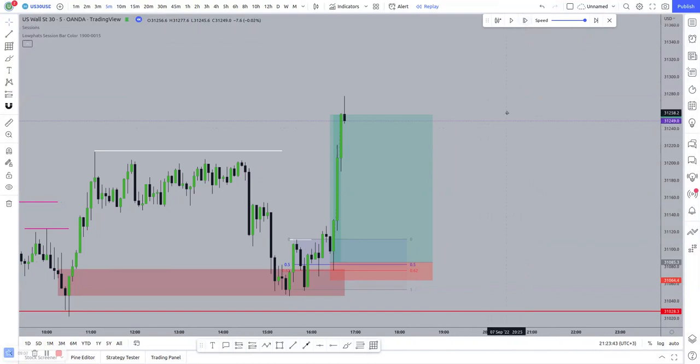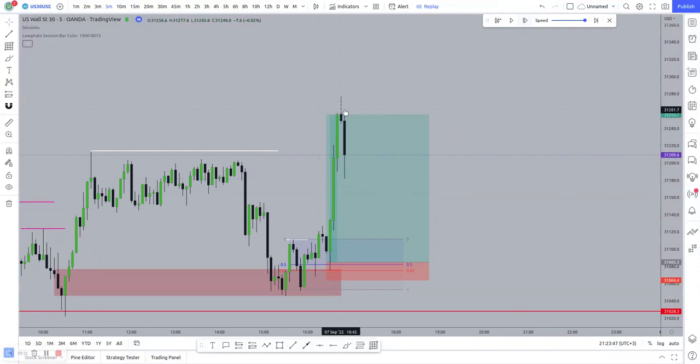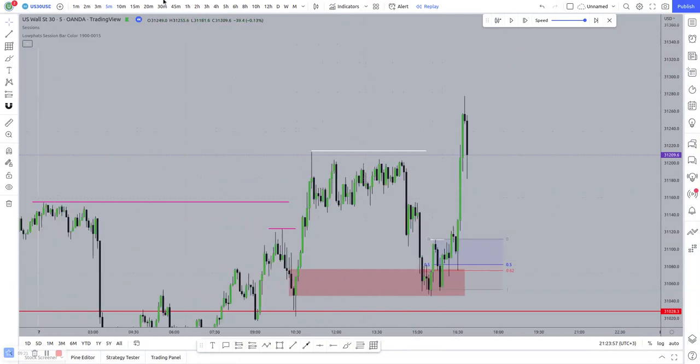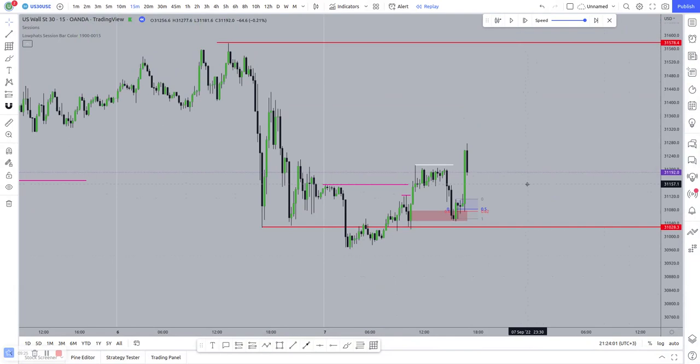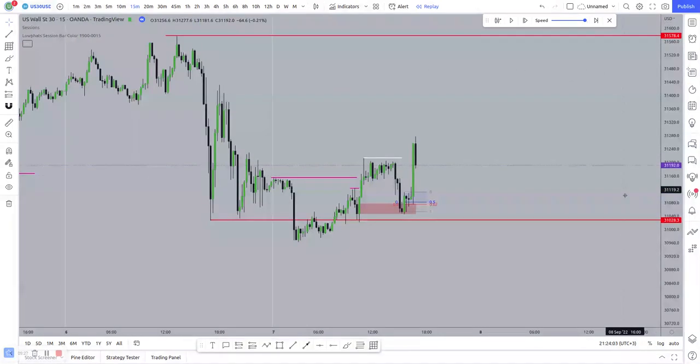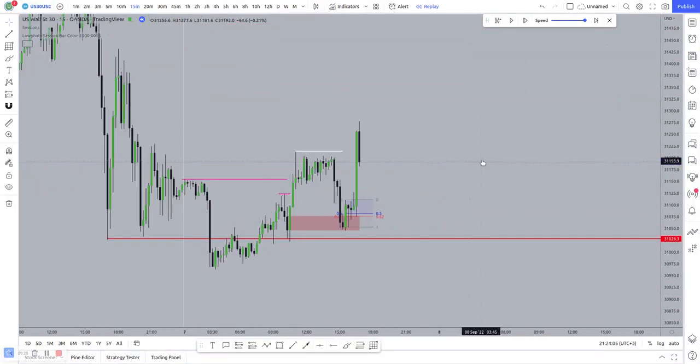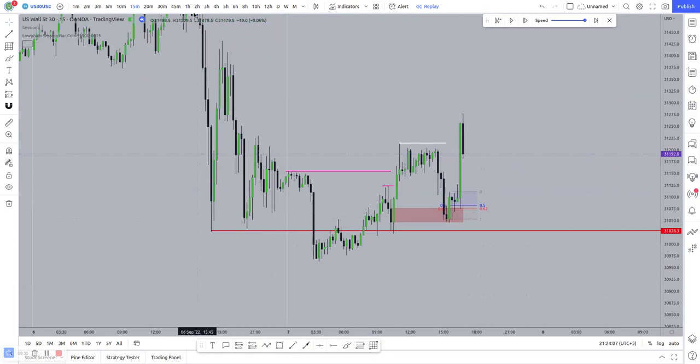And price started retracing. By this time I was already out. I held for about, I think it was 15 minutes. I was already out. So to summarize this, do we have a grab of liquidity?